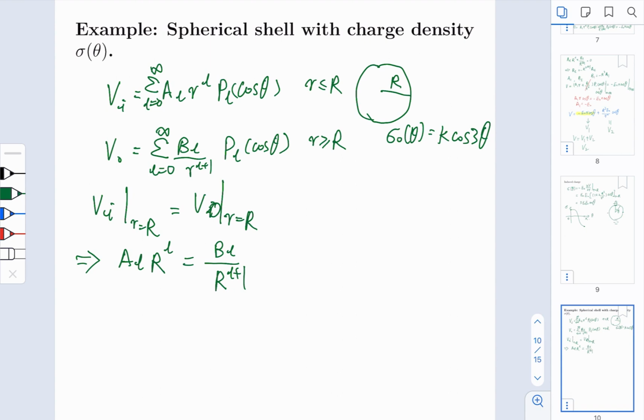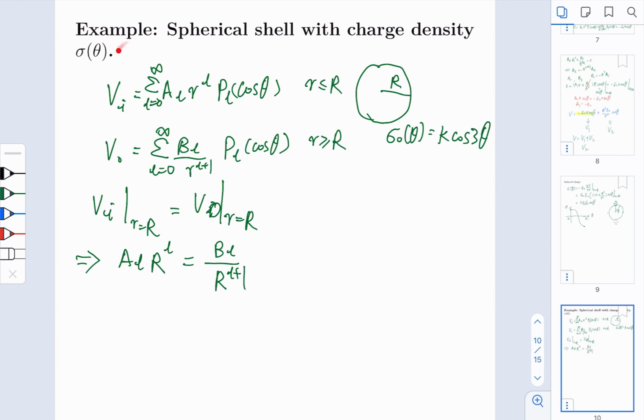the two, you are relating a sum to another sum. What's on the left is a sum over PL cosine theta, and on the right is another sum over PL cosine theta. You really have to use the orthonormal relations.